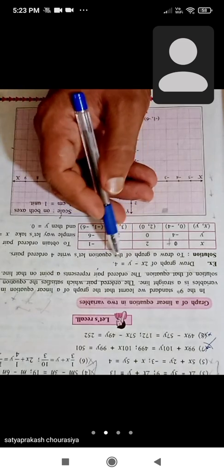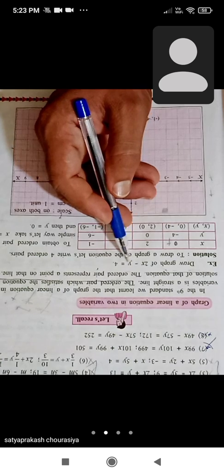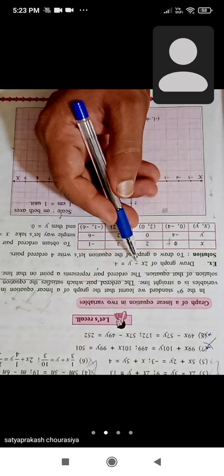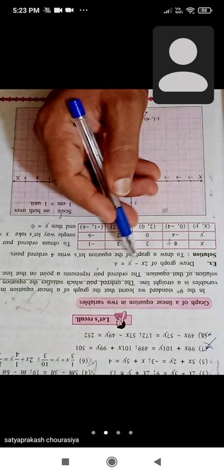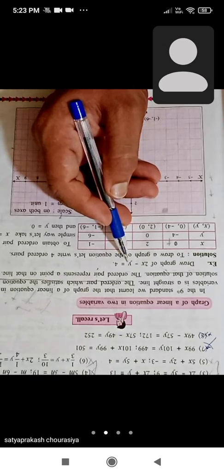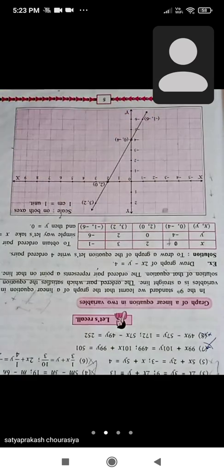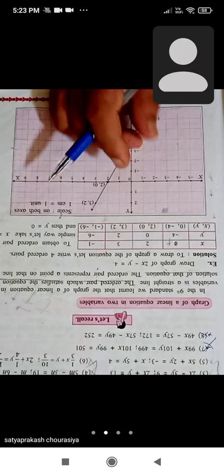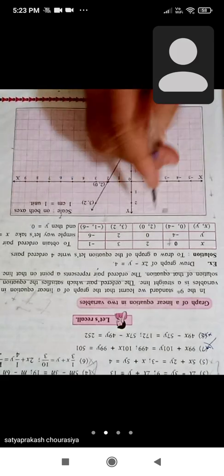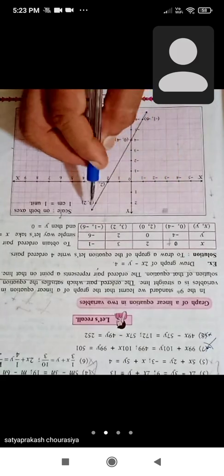So the y value will be, now we will make y positive by multiplying both sides by a negative sign. So this will become positive and this will become negative. Because minus into minus y forms positive y, and minus into positive 4 forms minus 4. So here you got (0, minus 4).